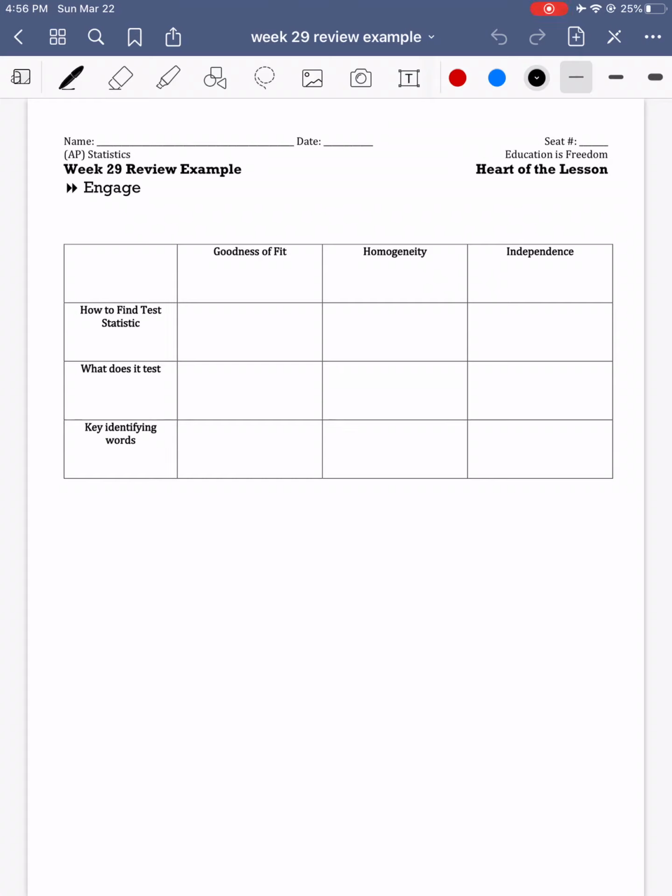Today we are going to review everything that we talked about last week for the chi-square tests, and specifically, when do we know to do a chi-square test? That's what we're going to start with today: talking about the differences between the three chi-square tests that we learned to do last week, as well as adding this to our repertoire of significance tests in general.